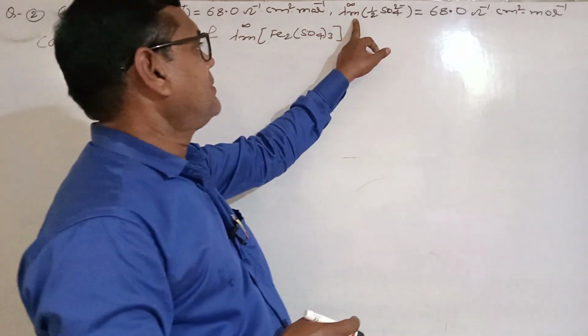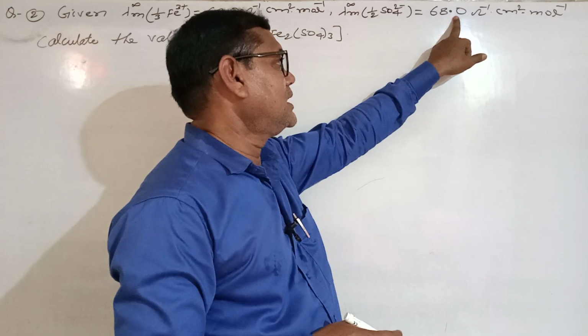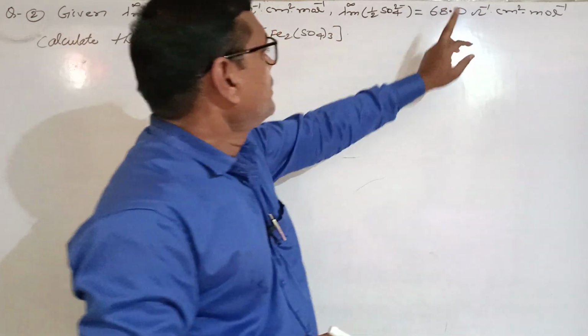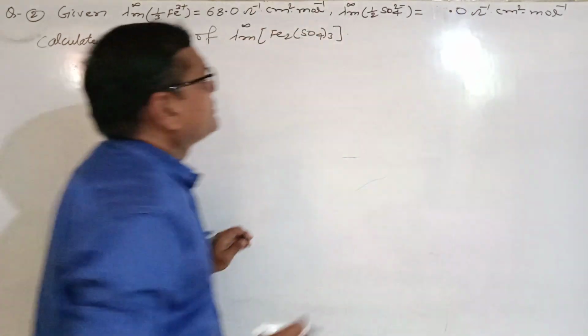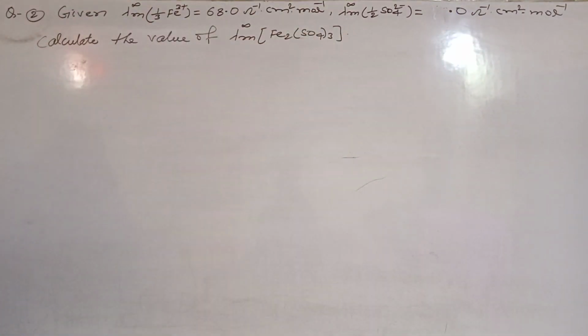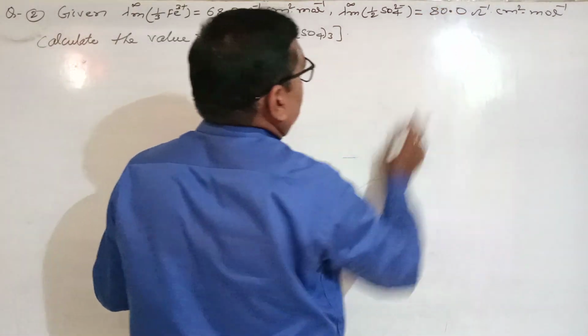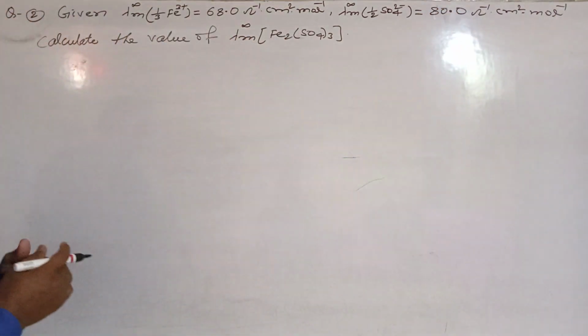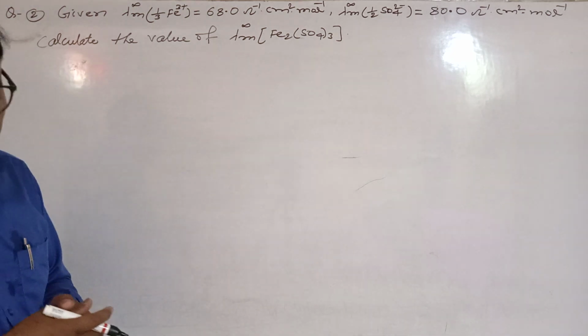Lambda infinity m of half sulfate ion is equal to 68.0. Here the value is a mistake, which is 80 ohm inverse cm square mole inverse. Calculate the value of lambda infinity m of ferric sulfate.